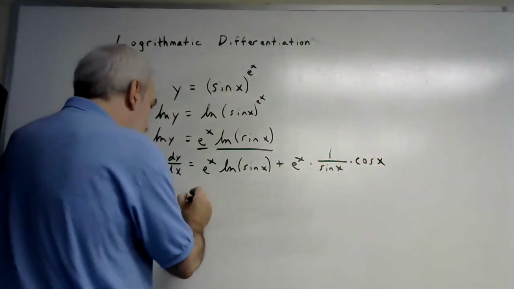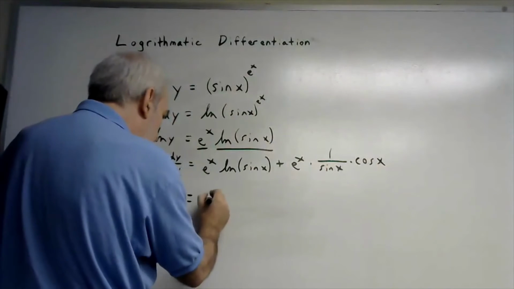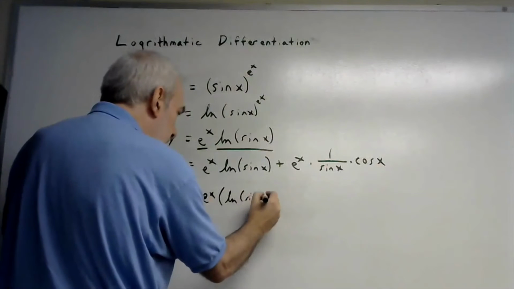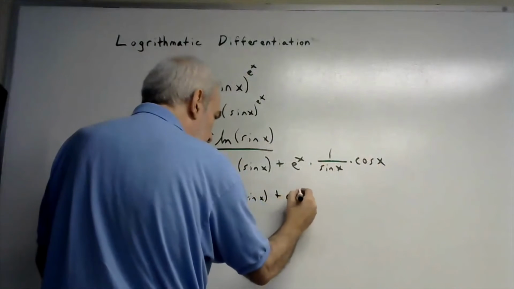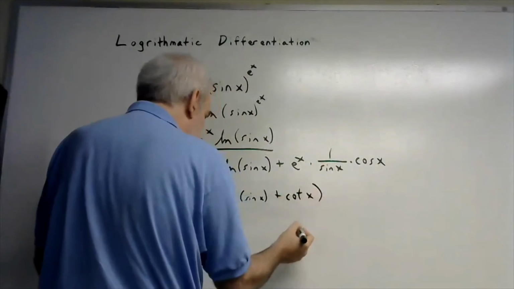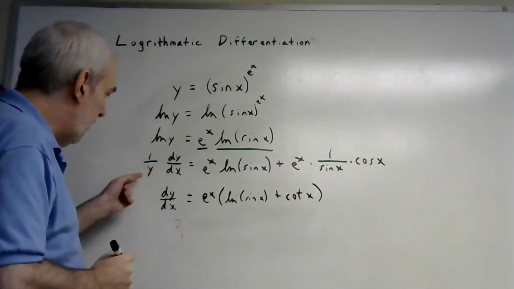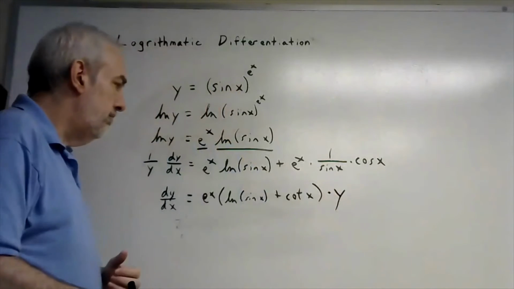Okay. And then we might clean this up by factoring out an e to the x, leaving ln sine x plus cosine over sine, which we can combine to be cotangent. And then once again, to solve for dy/dx, multiply by y on both sides, so times y.